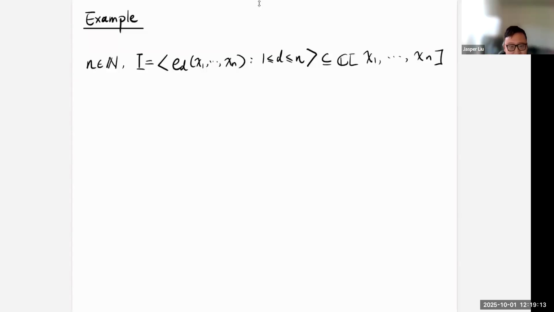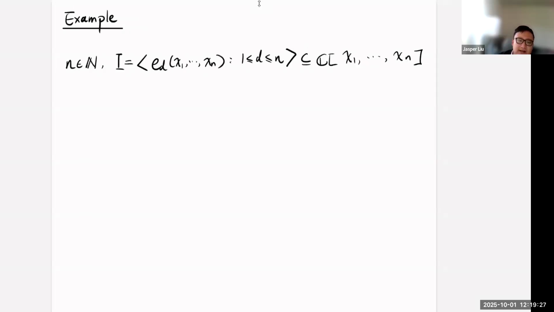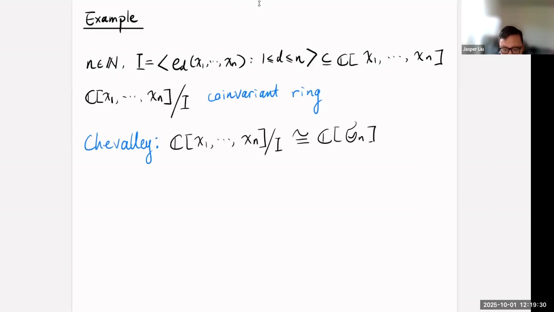So we know that if we fix a positive integer n, the ideal generated by the elementary symmetric functions of degree d less than or equal to n, if we take the polynomial ring quotient by this ideal, we get the classical coinvariant ring. We know that it has dimension n factorial, and Chevalley has the result that this quotient ring as an S_n representation is isomorphic to the regular representation. So we will try to recover this result using orbit harmonics.